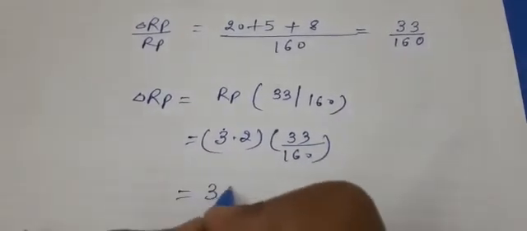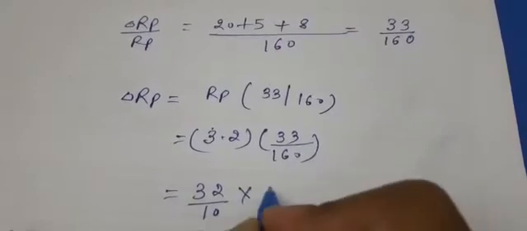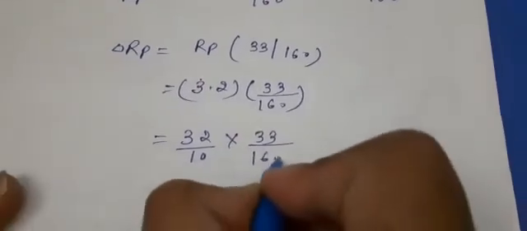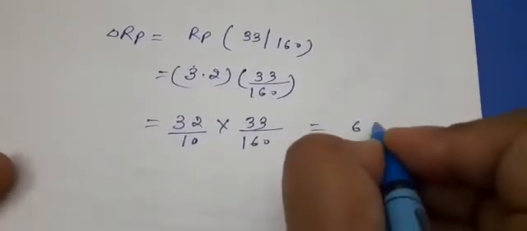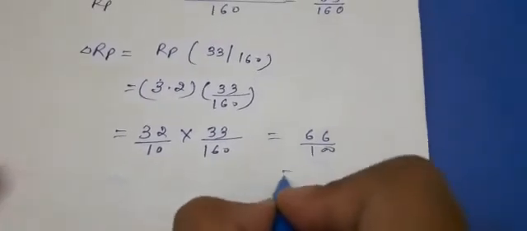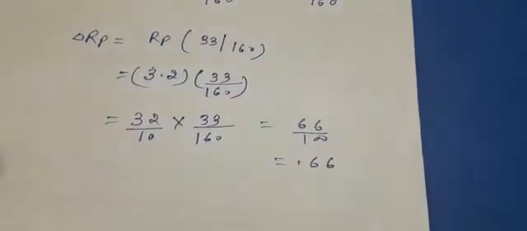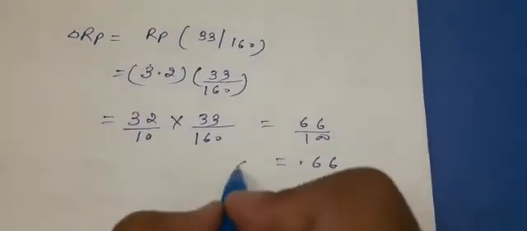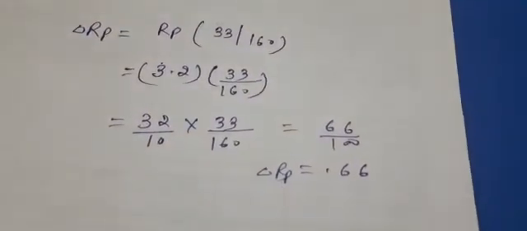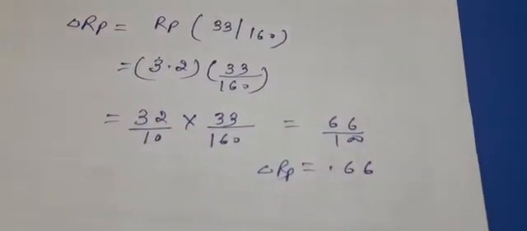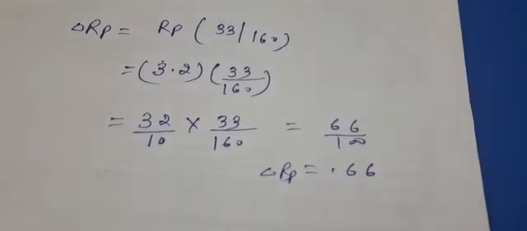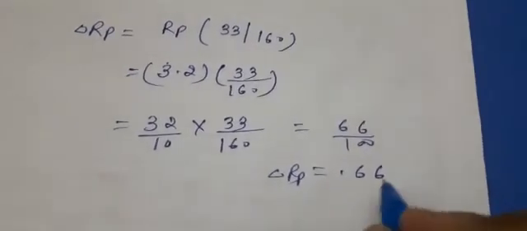Just simplify it. Then what you are getting is 66 by 100, which is 0.66. So here del RP comes out to be 0.66. In the previous case it was 0.34.